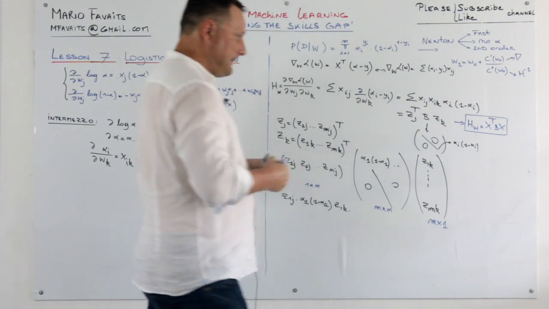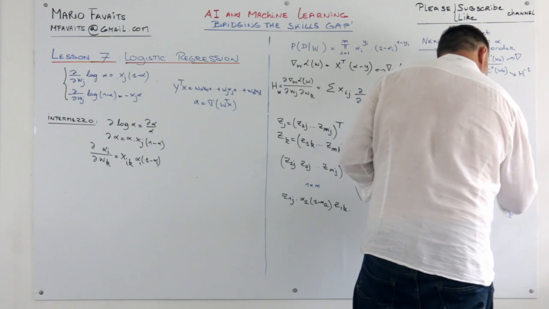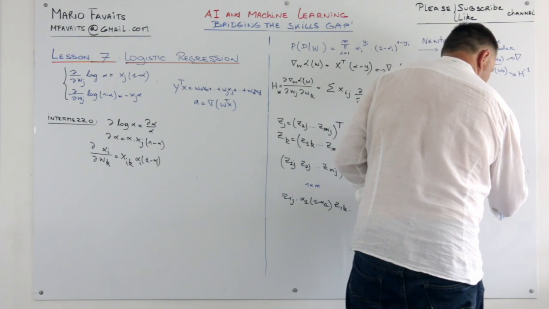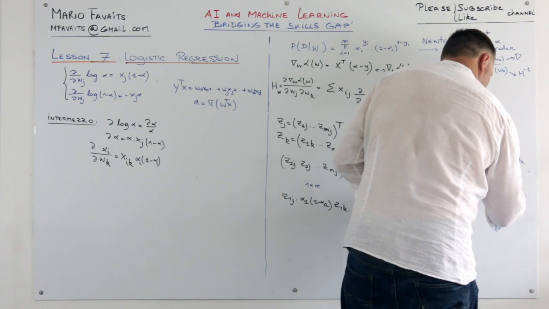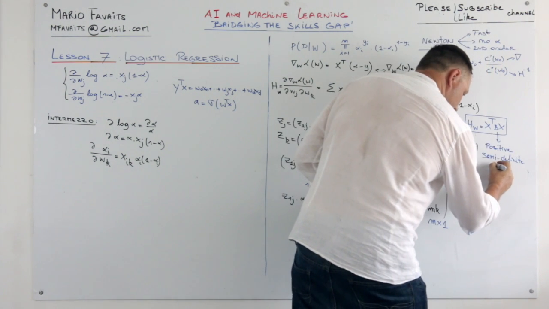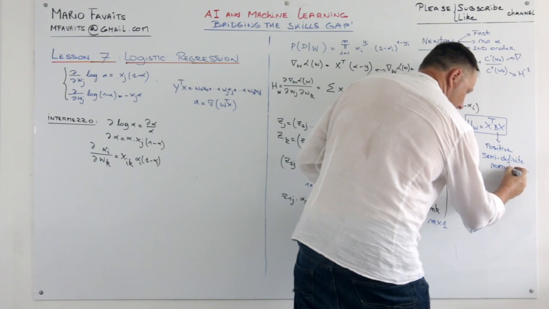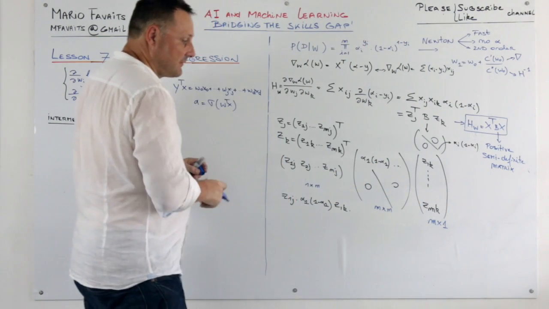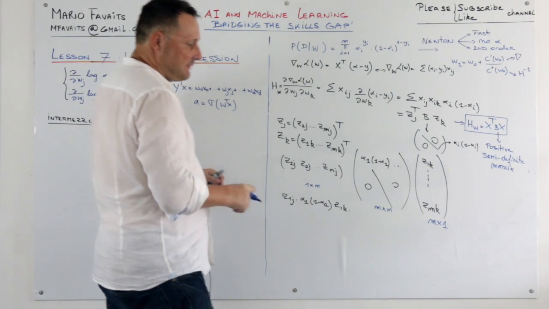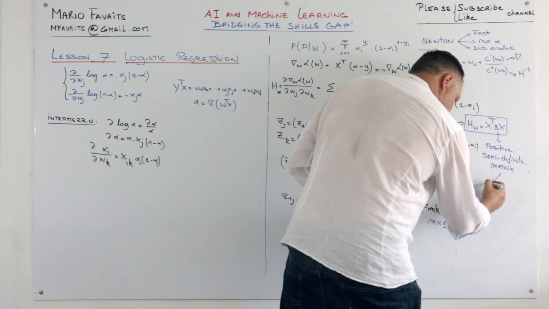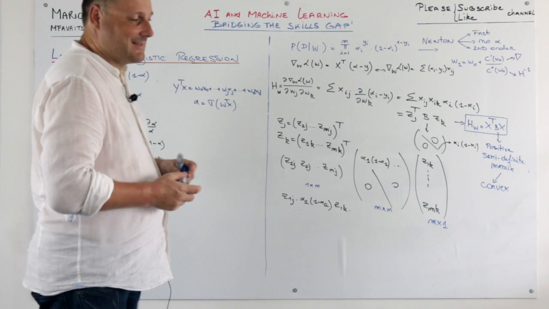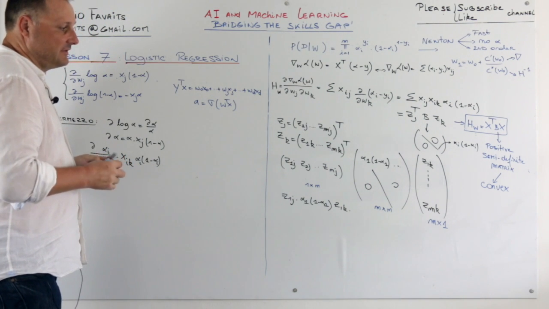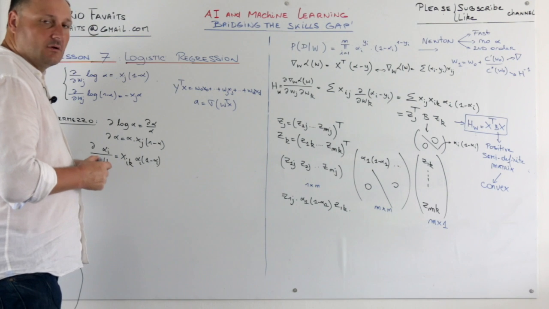So this is basically a positive semi-definite matrix, and that means that the function is convex, which is a nice feature to have, because it means that the minimum will be the global minimum.